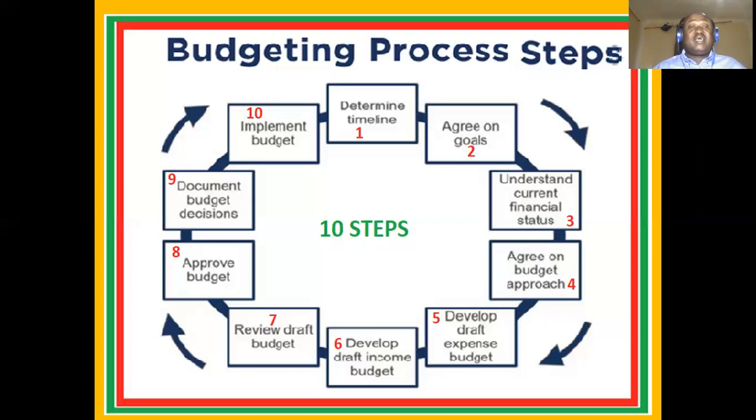Number 9, document budget decisions. Whatever we have decided, this is the amount set aside for salaries, this is for fuel, this is for office expenses, this is for refreshment. We document them so that we don't deviate from whatever has been documented.